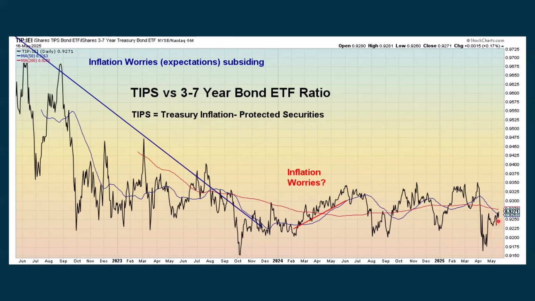There's concern about inflation, and we've been keeping an eye on this chart for quite some time, but we're not really seeing a lot of concern from this particular ratio. If this continues to go up, that would suggest the bond market is more concerned about inflation. But we've been just chopping around and in a downtrend overall with this ratio. So the market's not really concerned with that.